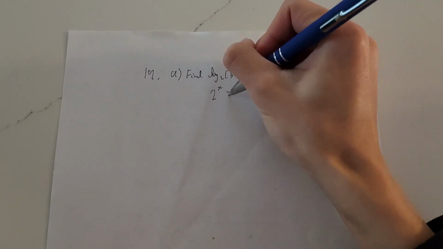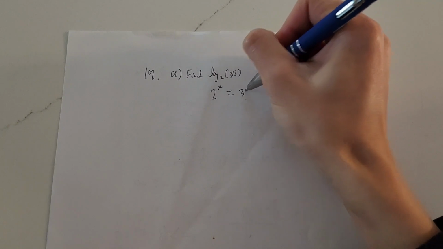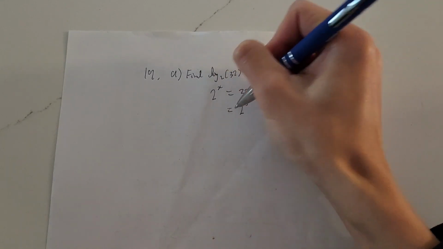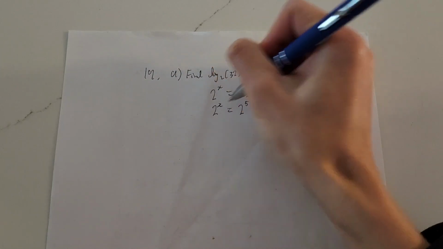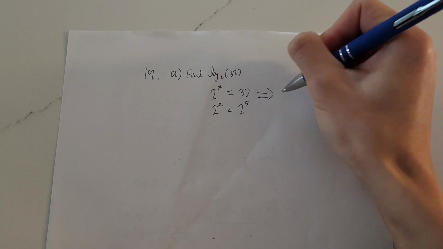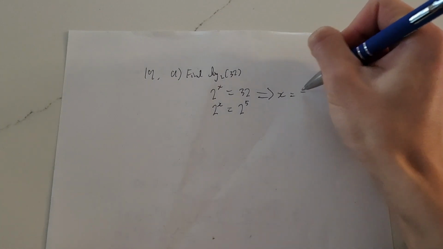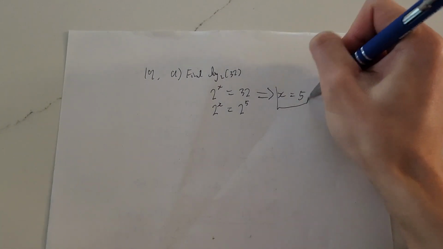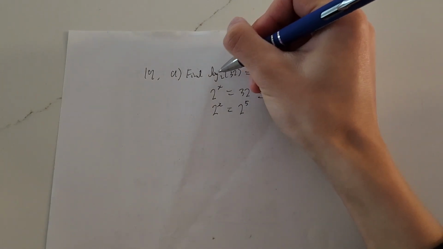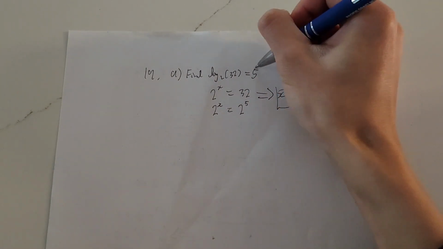Let's let that number be x, and then that's equal to 32. We also know that 2 to the power of 5 is equal to 32, just right off the top of your head. So now 2 to the power of x is equal to 2 to the power of 5. That implies that x is equal to 5. And that's your answer for part A. So log base 2 of 32 is just 5.